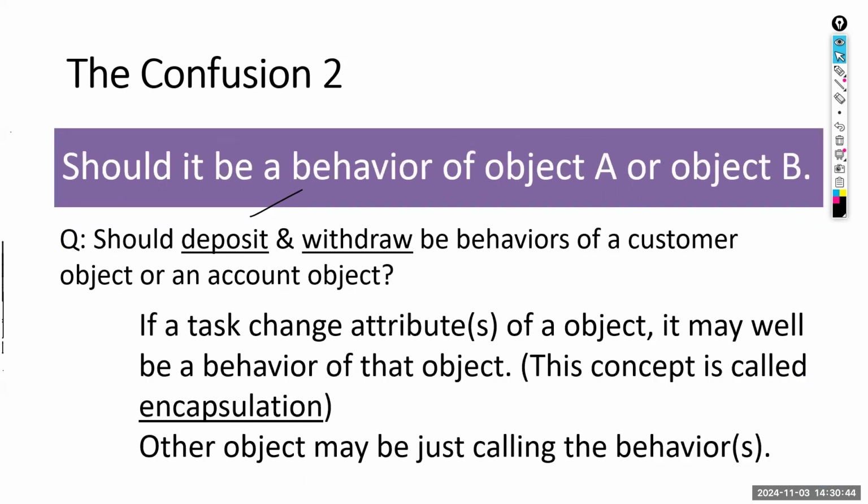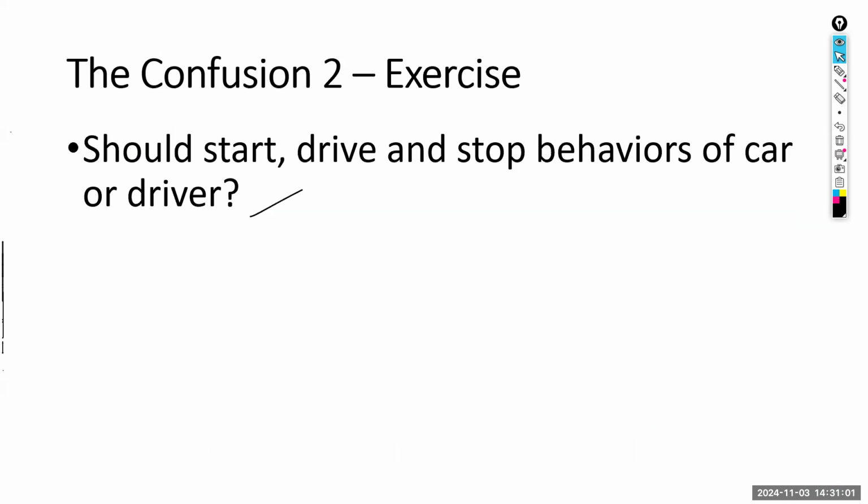Okay. So should it be a behavior of object A or object B? Initially you need to get out of these confusions with some solid examples. Right. We already discussed this. Should start, drive and stop be behaviors of the car or the driver?